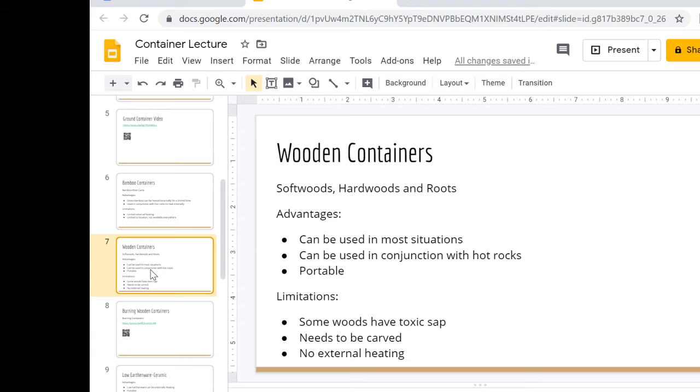So advantages of wooden containers: in almost all situations, you can find wood to use. Even in desert environments, you can find some sort of wooden plant material that can be carved. But like I said, not in all situations are you going to have wooden containers. That is one of the limitations.